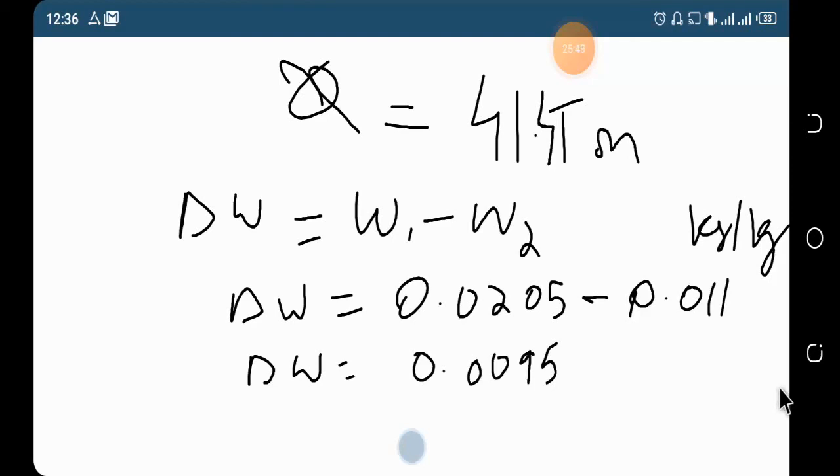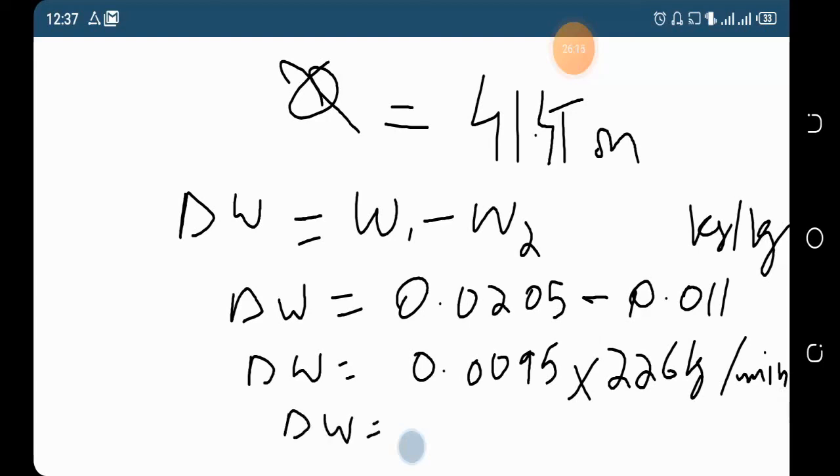If we multiply by the mass flow rate, that is 226 kg per minute, the kg of air will cancel out, and we get the amount of moisture removed per minute.